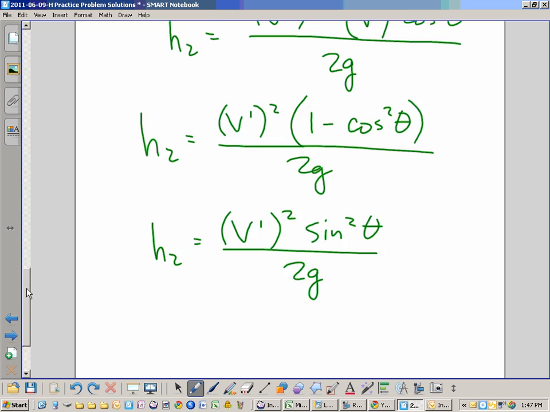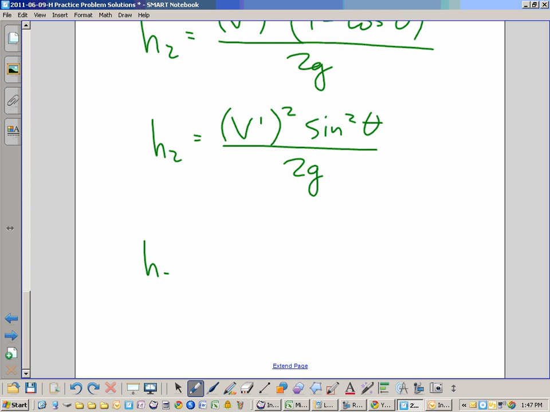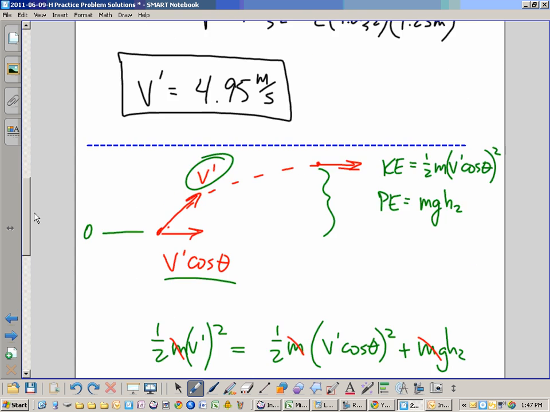You guys already using the calculators on this, right? h2 is equal to v prime, 7 meters per second, quantity squared. You're right. What was it? Should we go all the way back and plug in the expression for it? No!